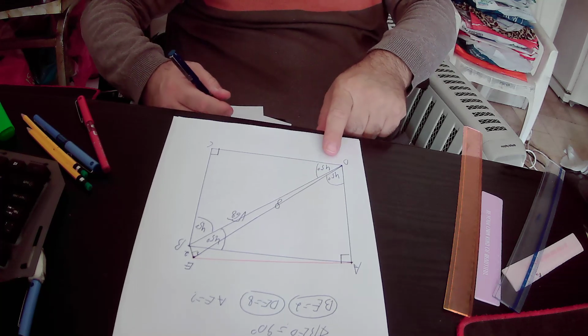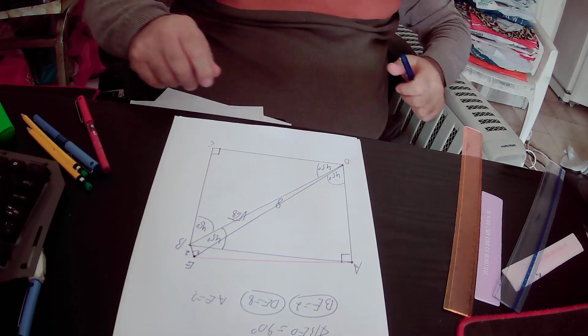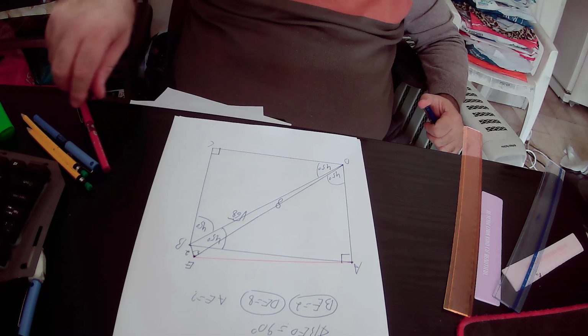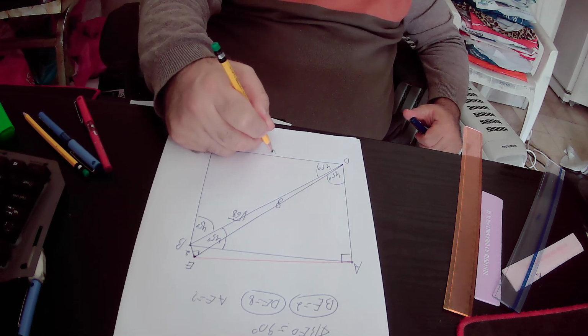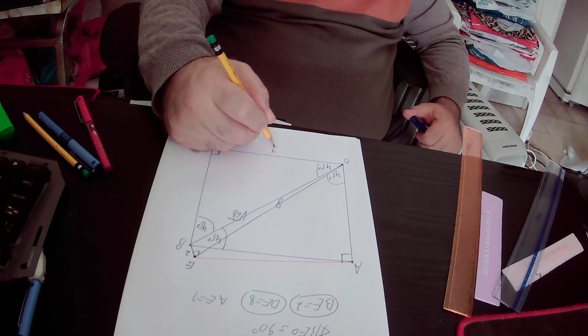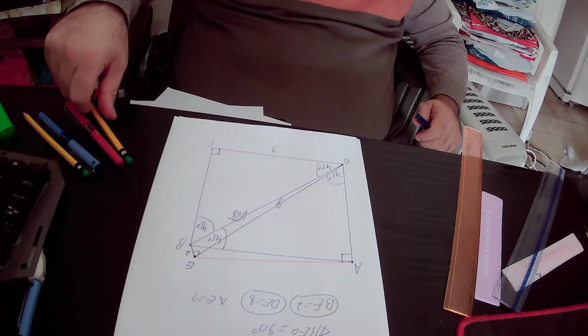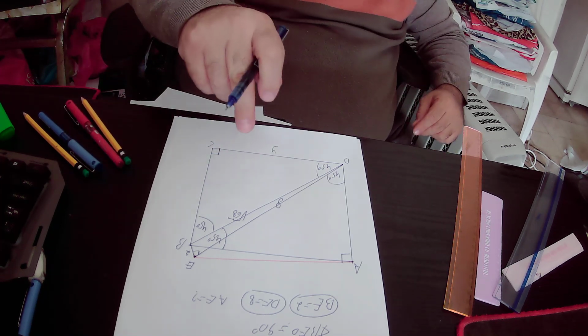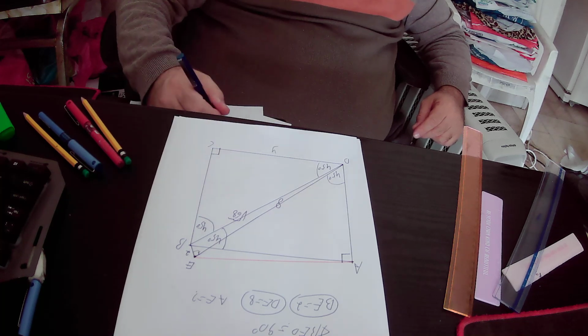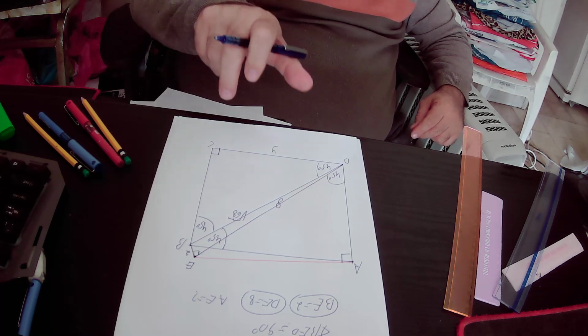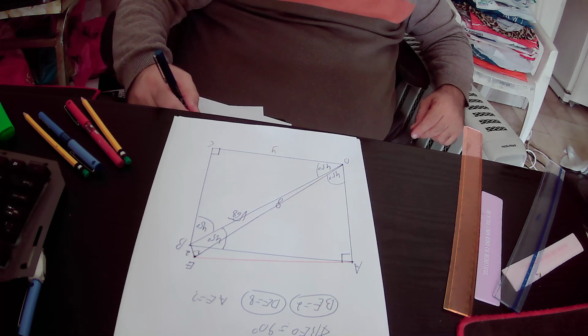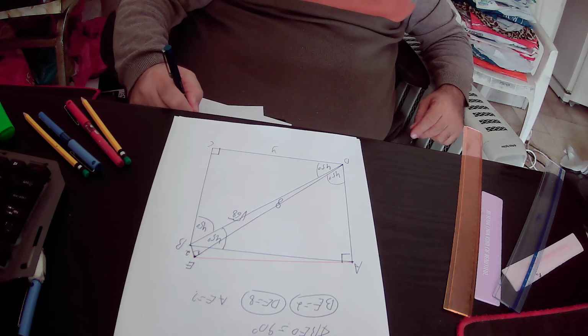Therefore, we will define side DC as y, that is to say DC equals y units in its size. And we know that in the right triangle BCD, cosine 45 degrees equals DC over DB.